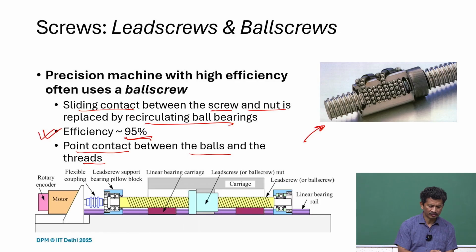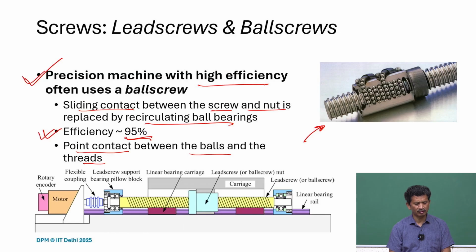Nonetheless, because we have not eliminated but reduced the friction, it can be used for precision applications. So precision machines with very high efficiency can use ball screws.